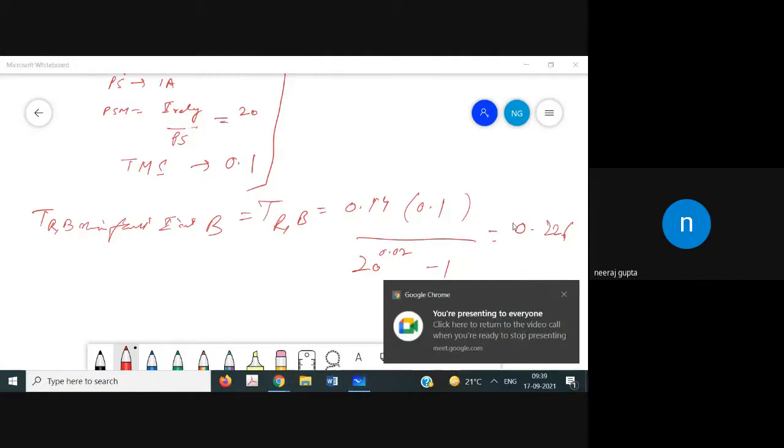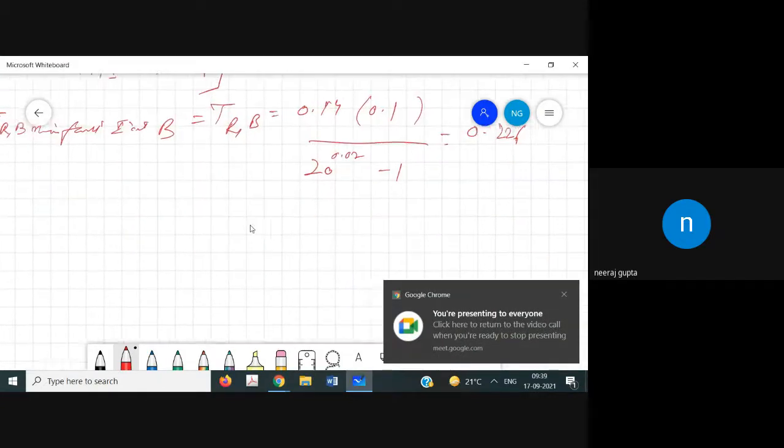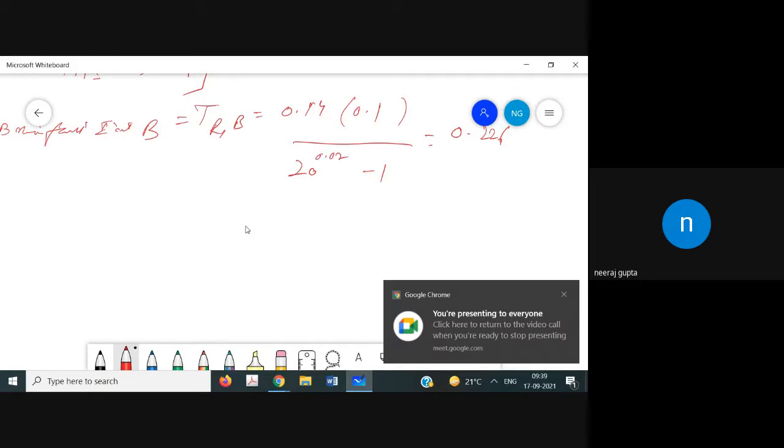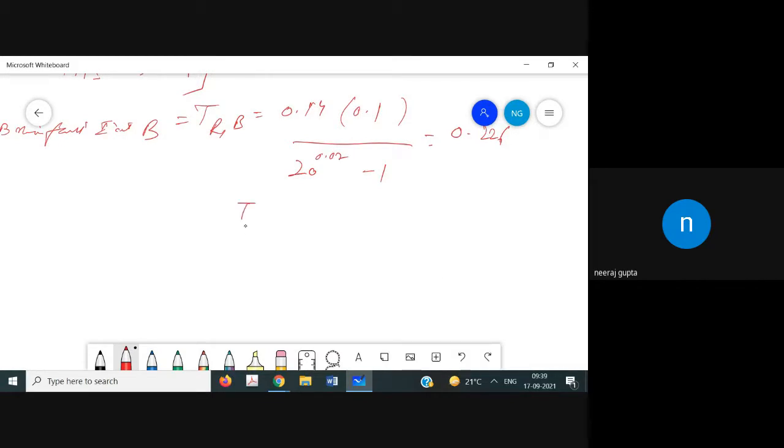So it is coming out to be 0.226, and as we already know, the circuit breaker time we have assumed, that is the circuit breaker B time, equals 0.5 seconds.